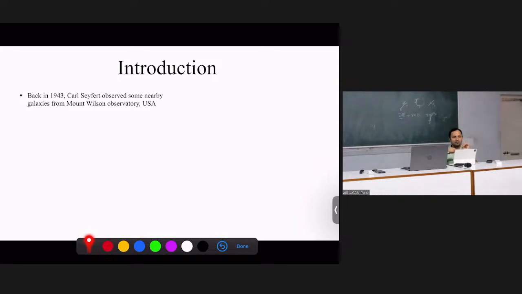So you can directly calculate the distance from where they are, wherever they are. Basically, there is a direct relation between the pulsation and the luminosity, and from luminosity you can calculate the distance if you know the flux.